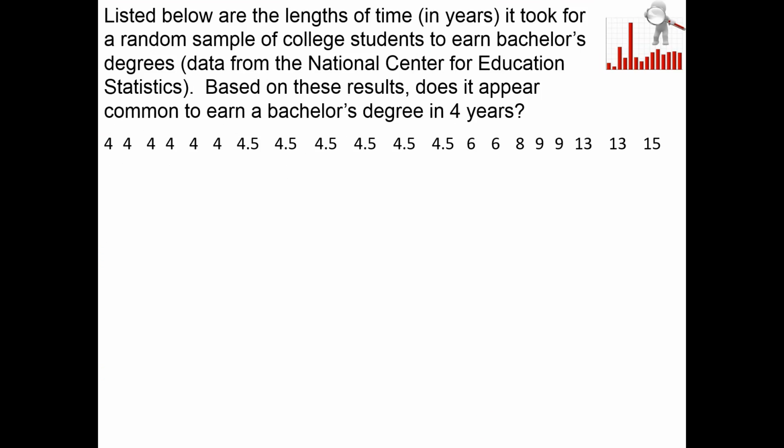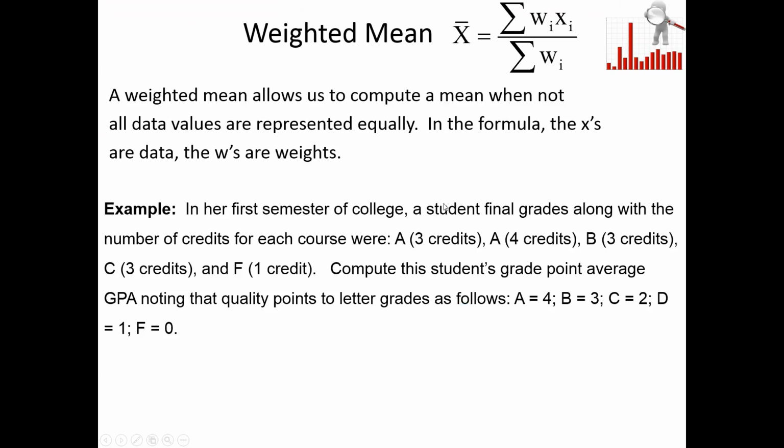And the next, it's sort of a mini topic here, the weighted mean. Now the weighted mean, the data values here are represented by this lowercase x, or the xi. Those are the data values. The w's are the weights.